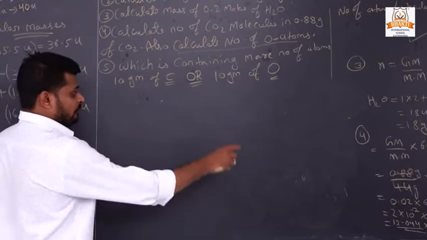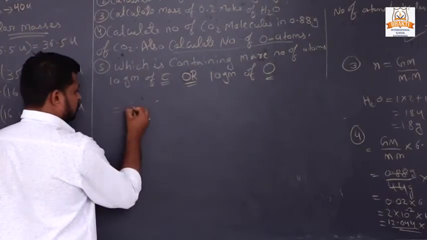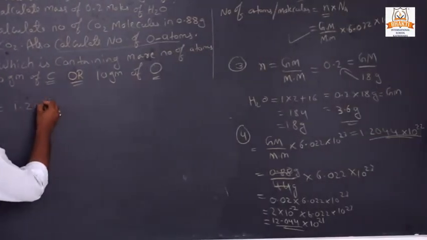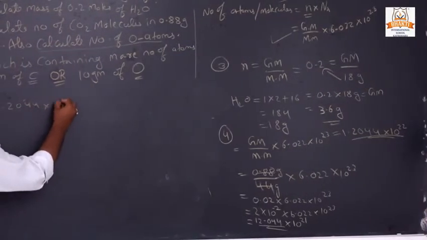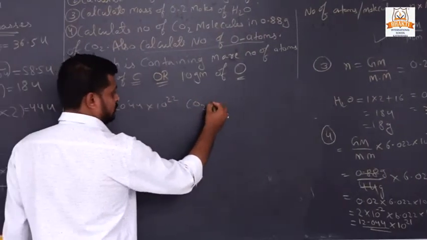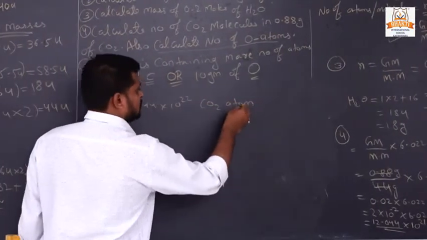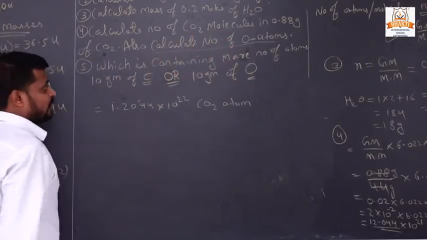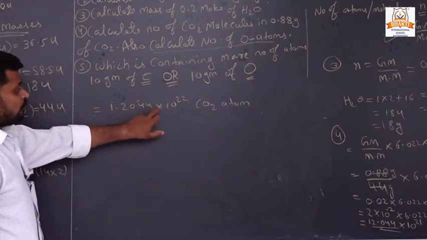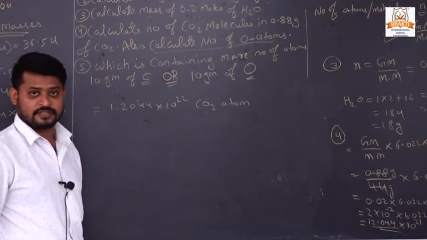So we have found the answer, 1.2044 into 10 to the power 22 CO2 atoms, which means 0.88 gram of CO2 has 1.2044 into 10 to the power 22 CO2 molecules.